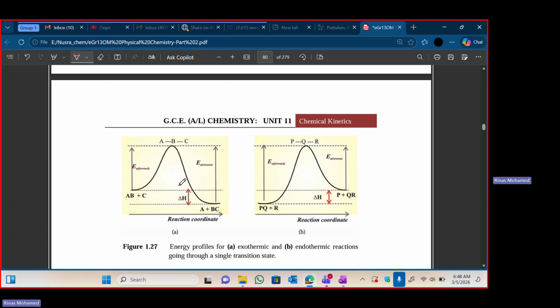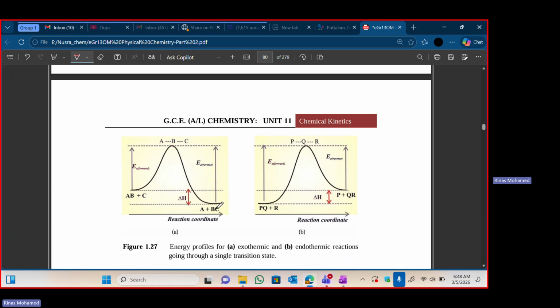Then I can mark that EA forward. For the forward reaction, the activation energy is like this one. If the reaction happens backward, what will happen now? Reactants are the products now. From this one, you have to measure the length to this activated TS state. That is the backward reaction. This is the forward reaction's activation energy.